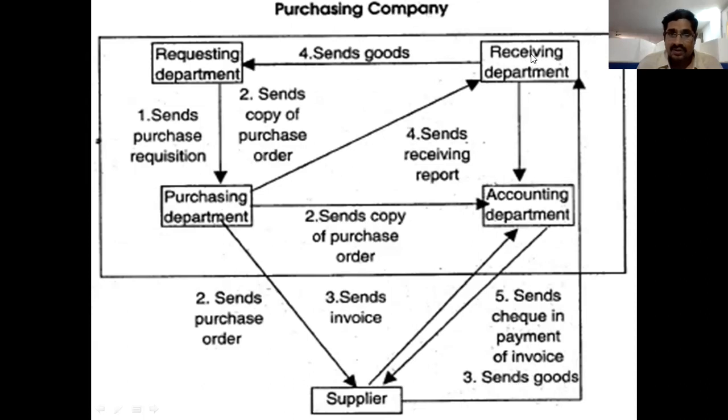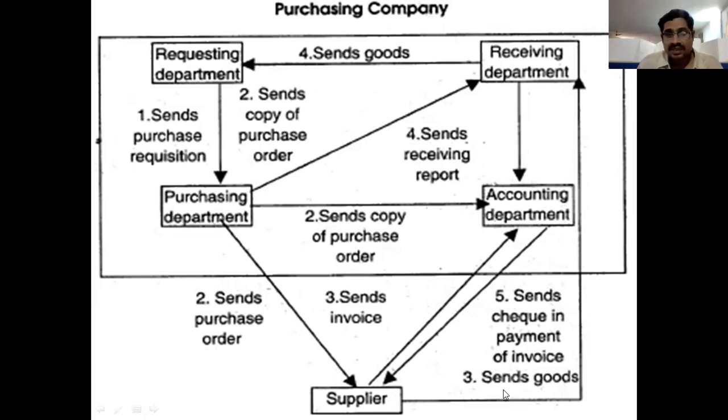At the godown, the receiving or inspection section receives the materials. Then the purchase department will receive the receipt from the inspection department, and send the receiving report to the suppliers.